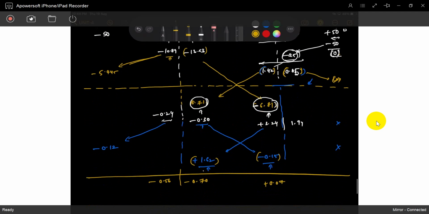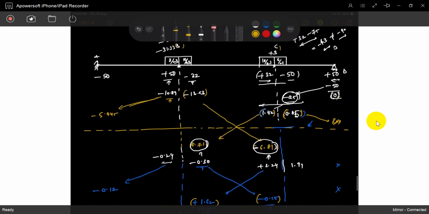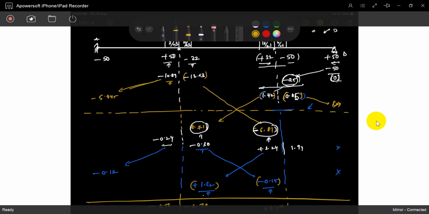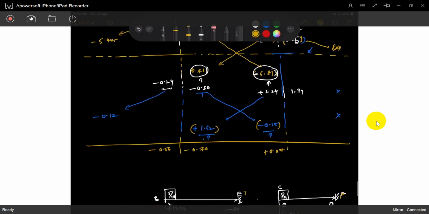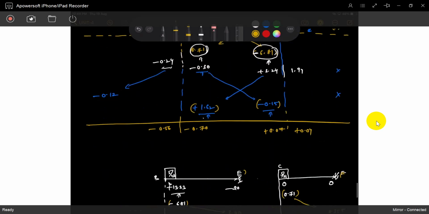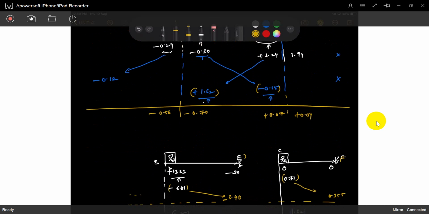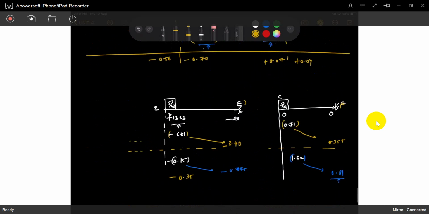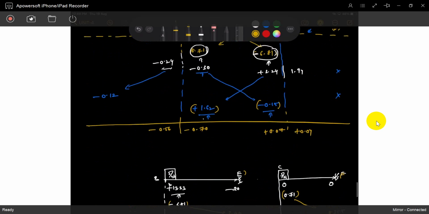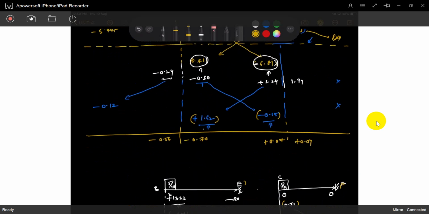We have to apply 0.07; it's negative, so we apply positive, then only it's settled. 6 by 21, 0.04, so 0.04 for this. 5 by 21, 0.03. Now you see the values are very small, so now you can stop.